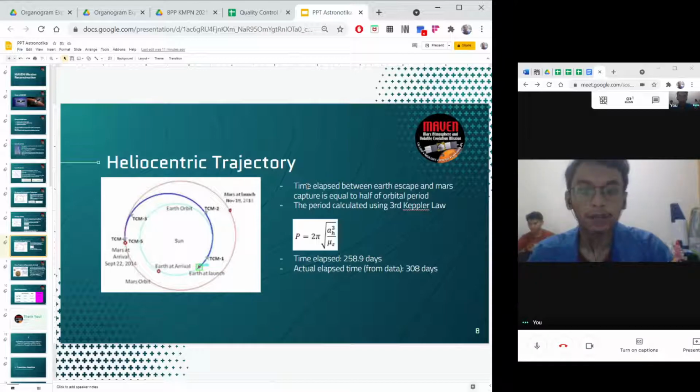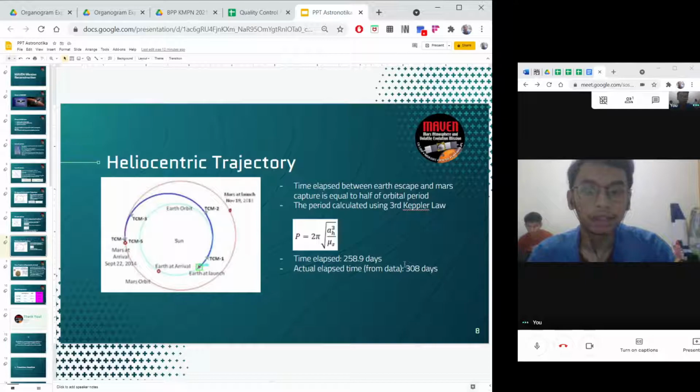The time elapsed between Earth and Mars capture is equal to half of the orbital period, which could be calculated using Kepler's third law, and we obtain that the time elapsed is 159 days. Actually, the elapsed time is 308 days.